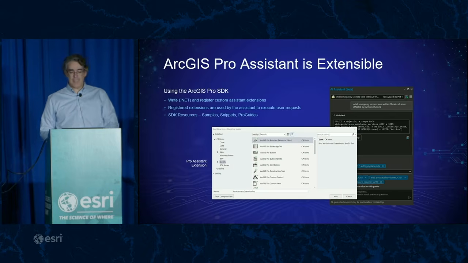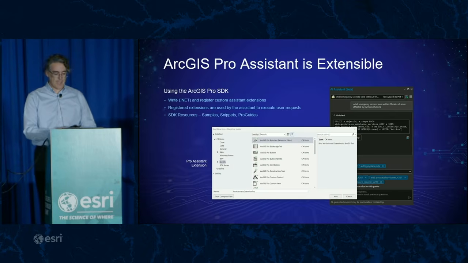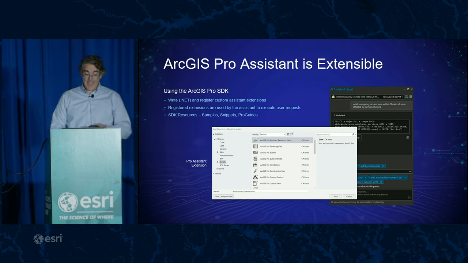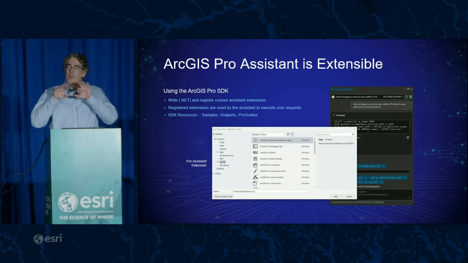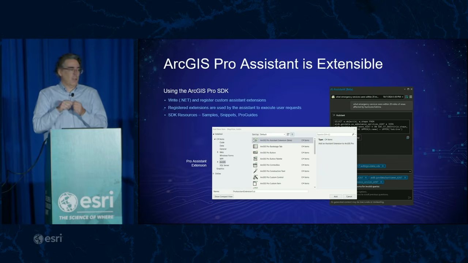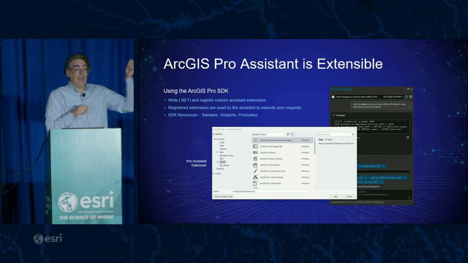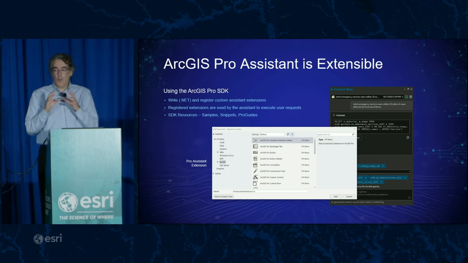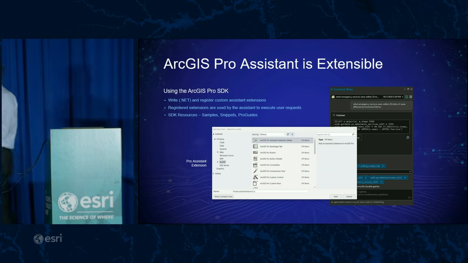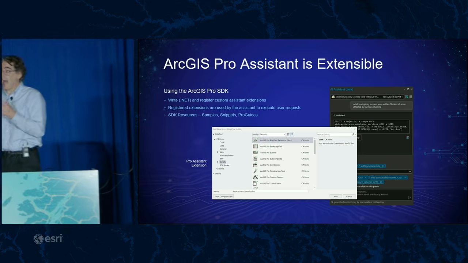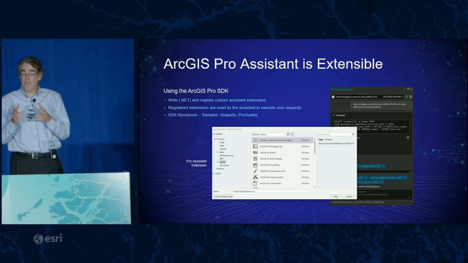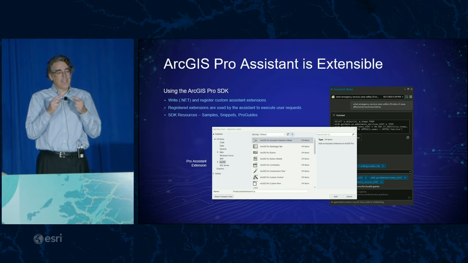There is one aspect of this assistant that is quite unique, and it is the extensibility. You can literally extend the ArcGIS Pro Assistant. What do you mean by extending? I mean that when you enter a prompt, the assistant is trying to understand your intent, and then is launching a tool, or turning on a layer. So imagine you could write business logic pretty much like you would with an add-in in ArcGIS Pro through the Pro SDK, and then have this business logic be described in plain terms.